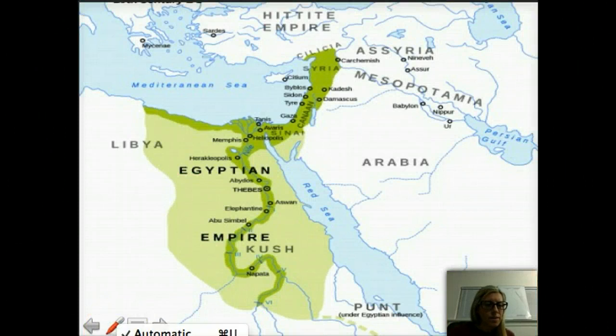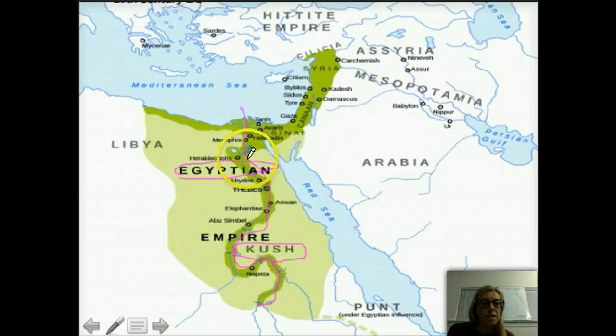First, let's find the Nile River, since this was such an important feature to the Egyptians and Kushites. So the Nile River starts around here and flows north into the Mediterranean Sea. Along the Nile River, you will see the Egyptian and Kushite settlements.